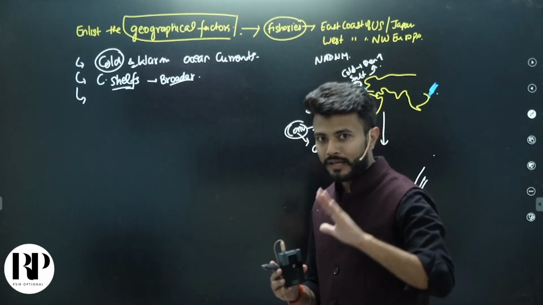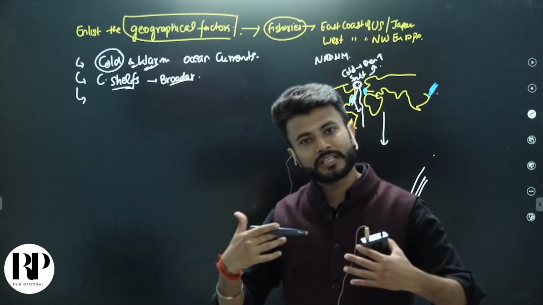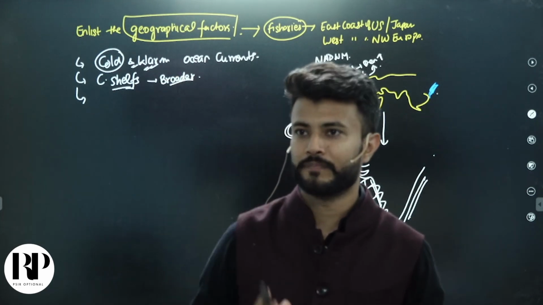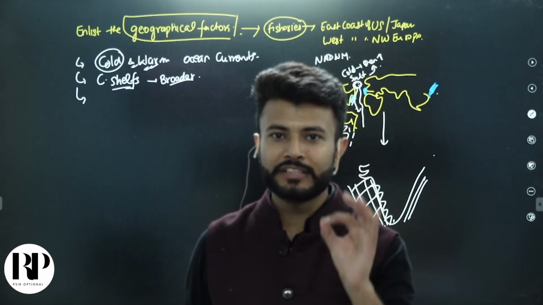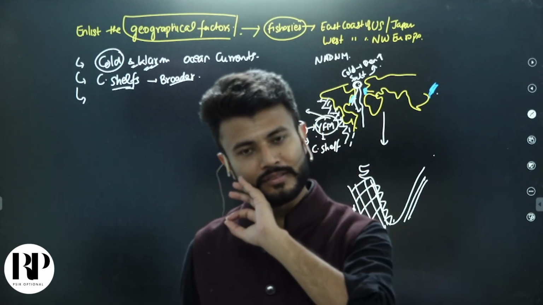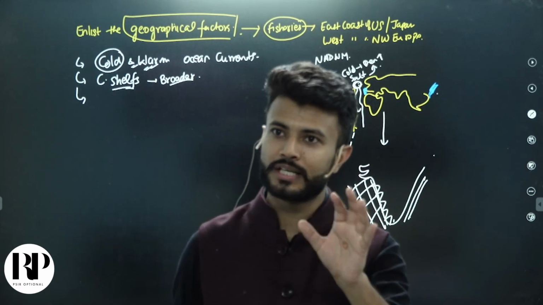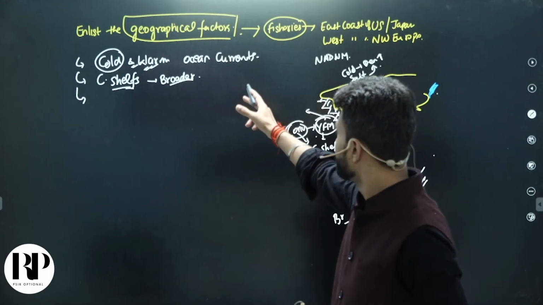But here in general, we are just referring to the surface currents, not the deep currents. Until and unless deep currents are specifically mentioned, if we are writing and talking about ocean current, that means we are just talking about the surface currents. Okay, tell me more factors.